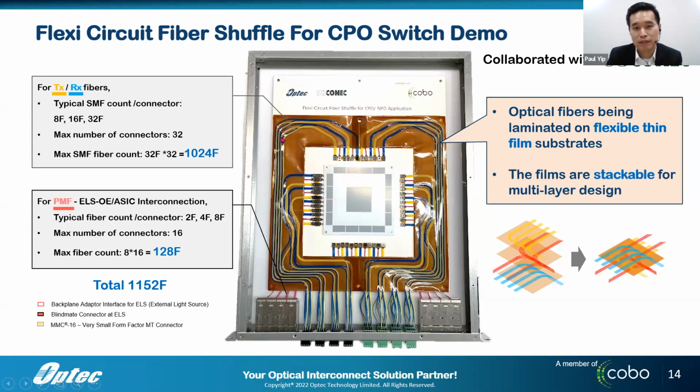We are making this PCB or flexi circuit fabric just to demonstrate how the fibers can be laid. About the airflow, the idea is to have a flush surface. Whether the airflow is coming from left to right or from back to front, the high raised components do not interfere with the airflow. That's the idea of the flexi circuit.